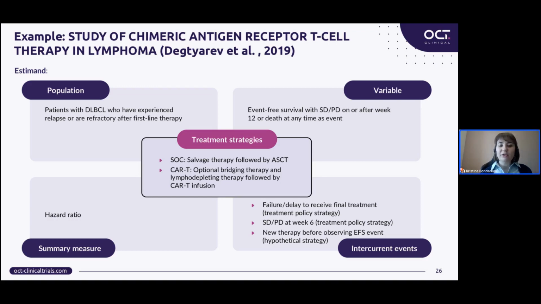The typical summary measure for comparing event-free survival is hazard ratio, though in this case it could be noted that proportional hazards assumption will likely be violated since similar treatment effects are expected on bridging and salvage therapies in the initial phase.